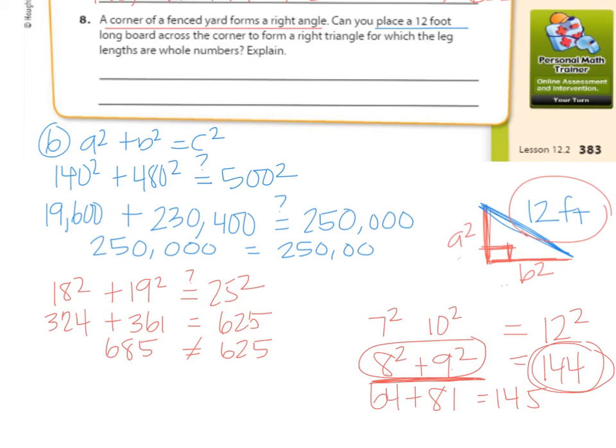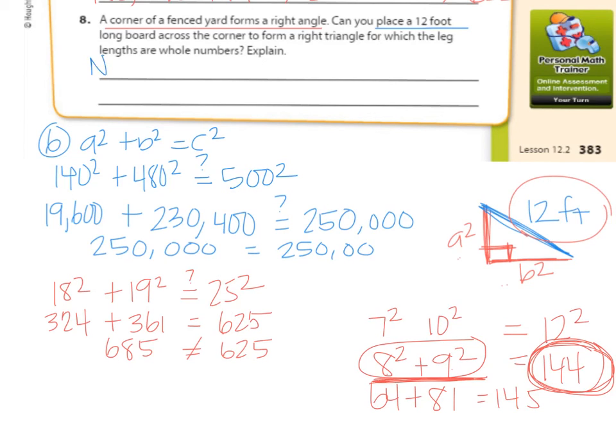So there is no whole number values that will make 144. So you're not going to be able to form a right triangle with a hypotenuse of 12 if you want the legs to be whole number values. That's a little confusing, but that was a guess and check.